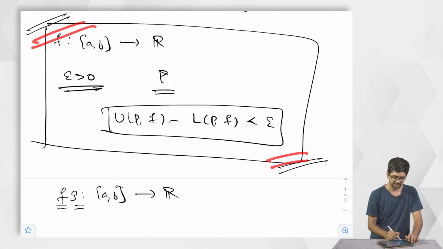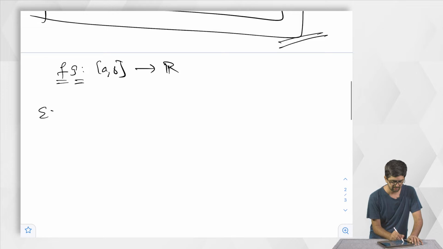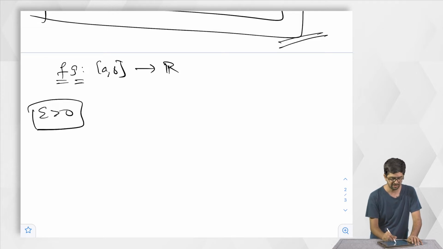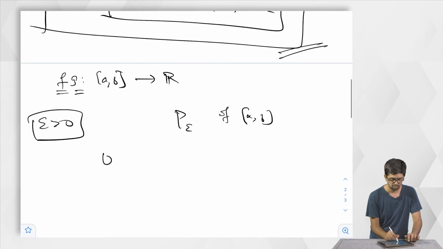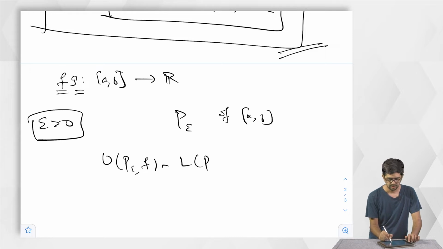So for f, let me fix epsilon positive first. There is a partition P epsilon of [a, b] such that U(P epsilon, f) minus L(P epsilon, f) is less than epsilon.